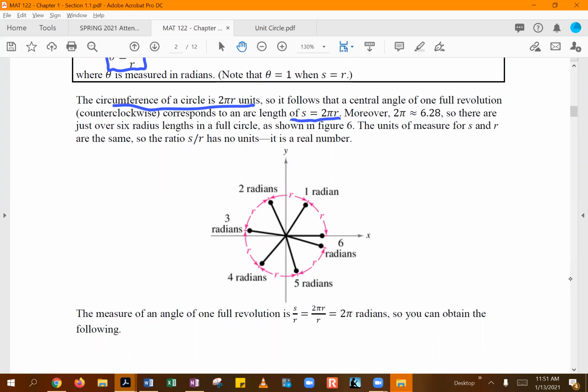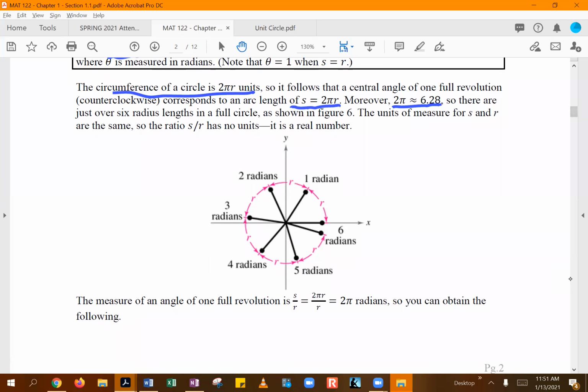Pi is approximately 3.14, so 2 times pi will come out to be approximately 6.28. And then, we're talking about you can have almost 6 radius lengths to make a full circle. Obviously you have a little bit of that gap that you can see over here.